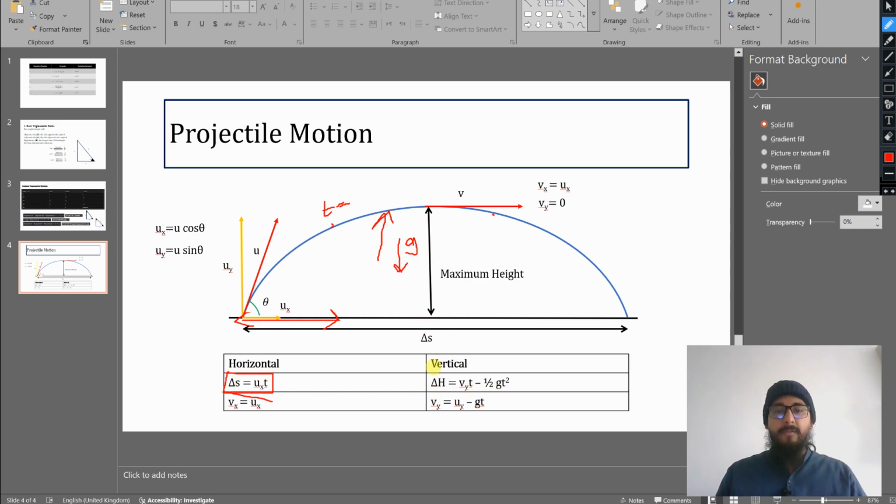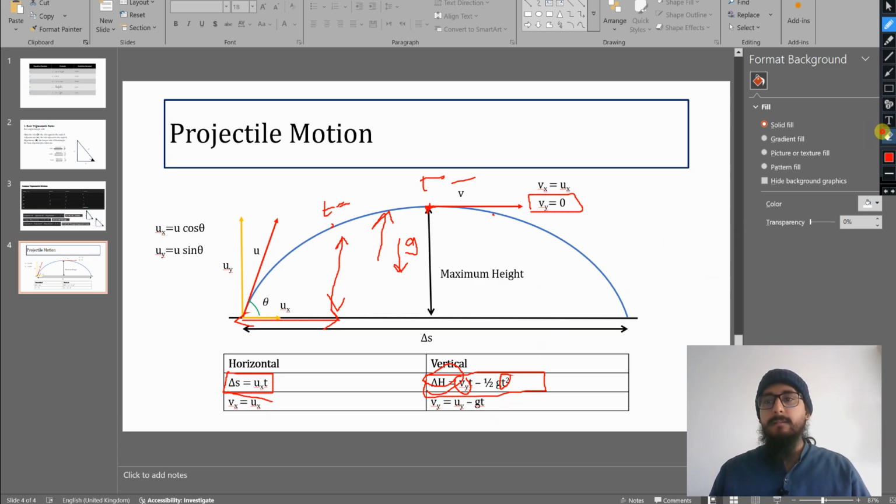And for the vertical height, we need time as well as the y component of the final velocity, so we can work out the height of the projectile at that certain time. Now at this maximum height, the y component is 0, and if only the time has been given, we can work out the height, right?